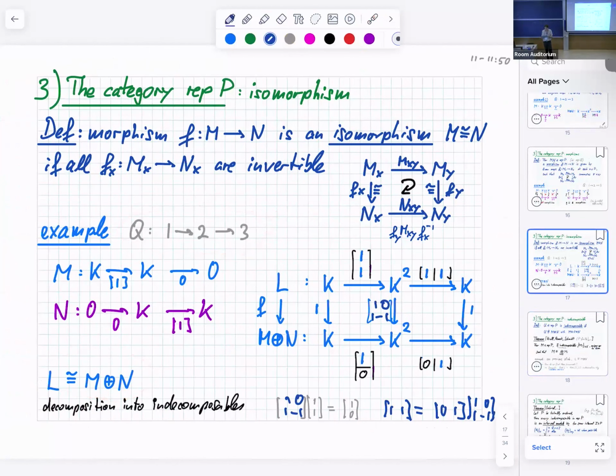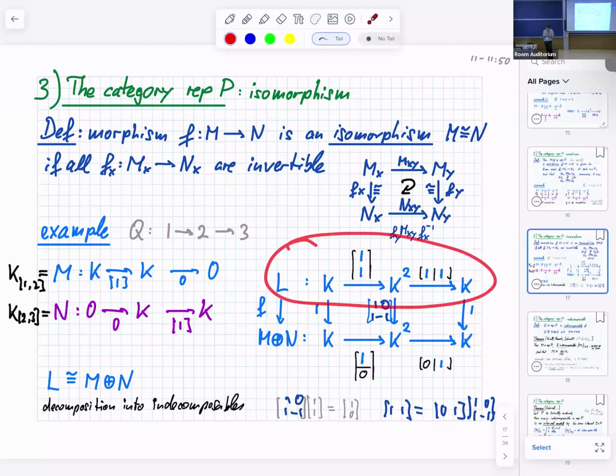So I can easily write M is the interval module given by which interval? 1, 2. So M is the interval module 1, 2. And N is the interval module 2, 3. And I decompose my given module L into a direct sum of interval modules 1, 2, and 2, 3.